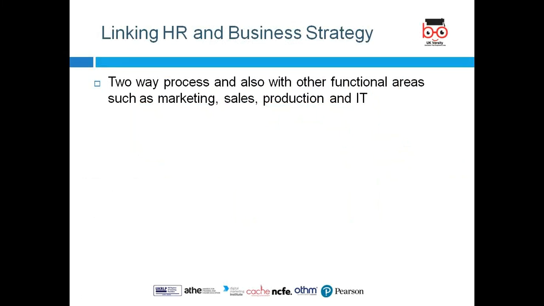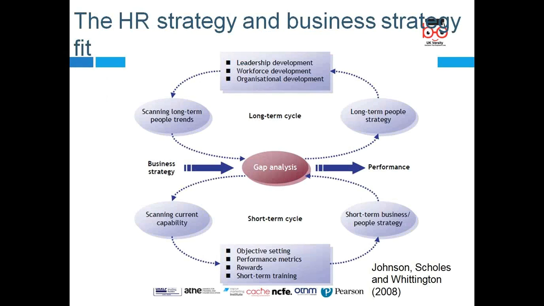HR and the business strategies are a two-way process, and also other functional areas such as marketing, sales, production, and IT and HR should be linked with each other. So if we do not link, and we work separately and isolated, we can't really achieve all our organizational objectives.